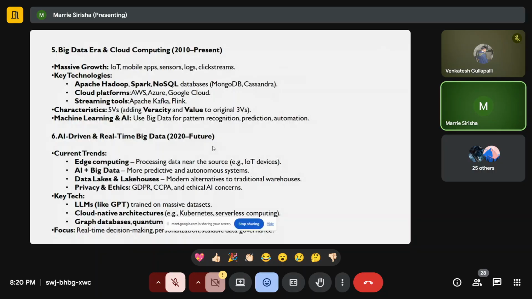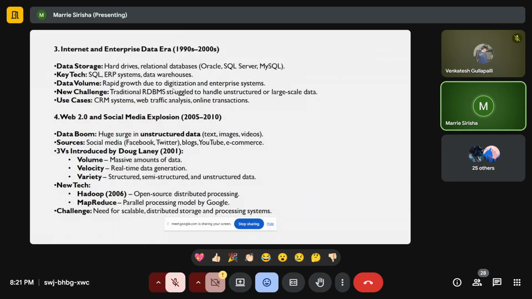So big data, as I already told you, massive amount of data. So there is a massive growth in what? That is IoT. IoT means Internet of Things and mobile apps, sensors, logs, click streams. There is a massive growth in this. So in this era we have adopted Hadoop and MapReduce.